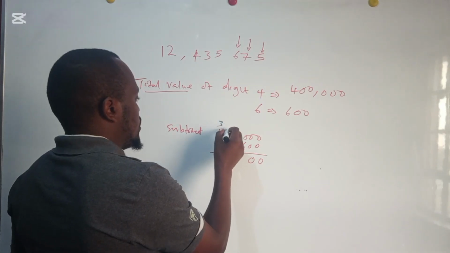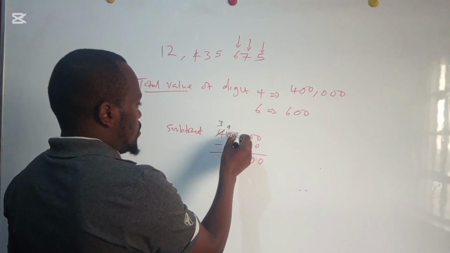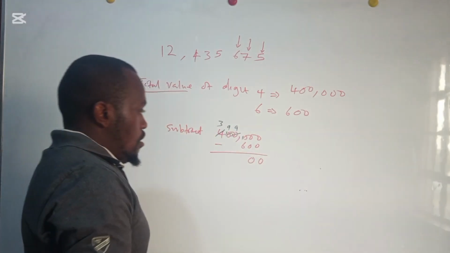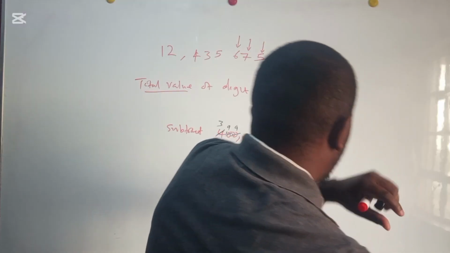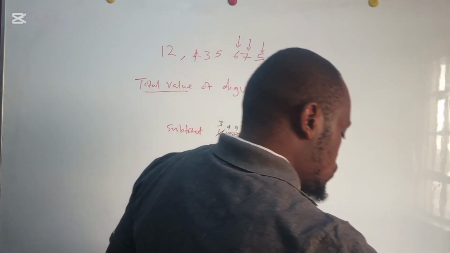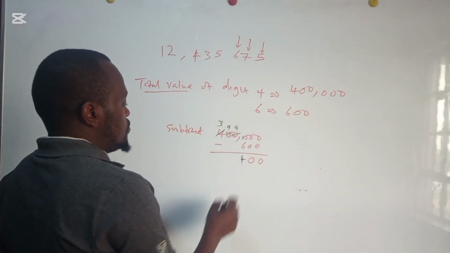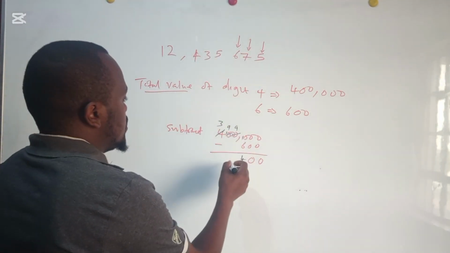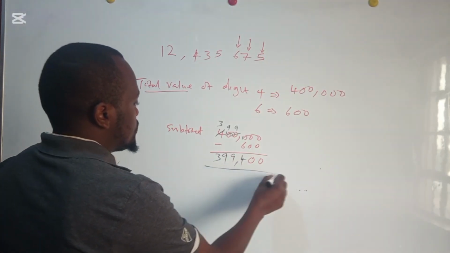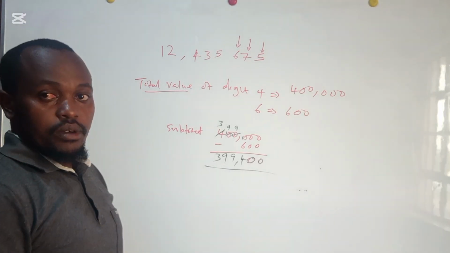It becomes 10, borrow 1 becomes 9, borrow 1 again. 10 minus 6 is 4. Then the rest you just drop them the way they are. So that is the answer that was required in that area.